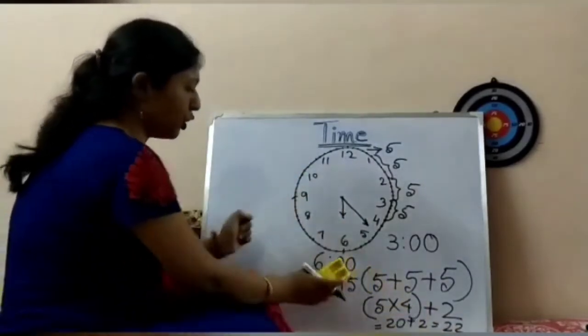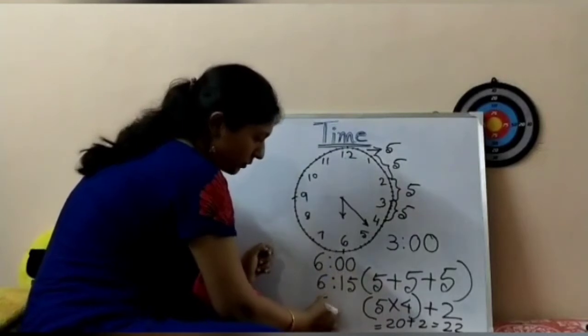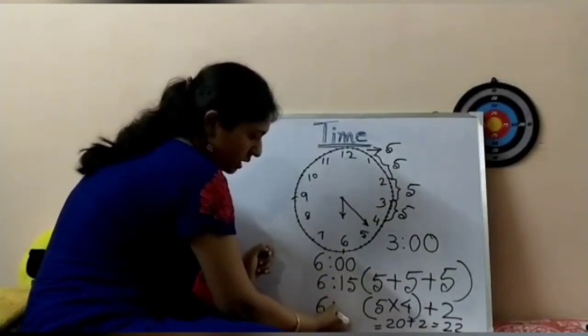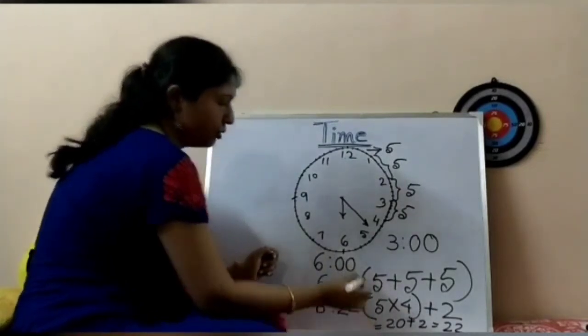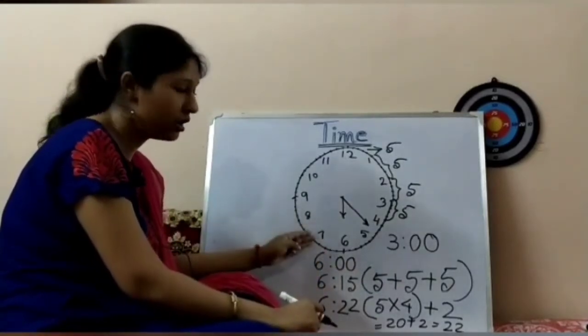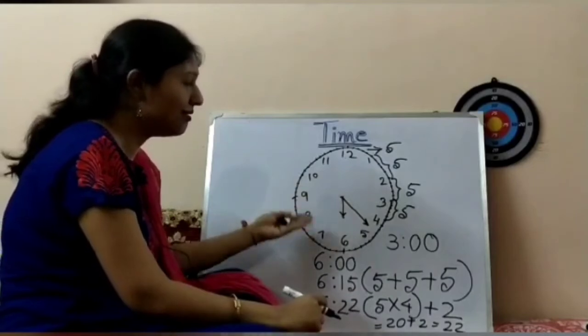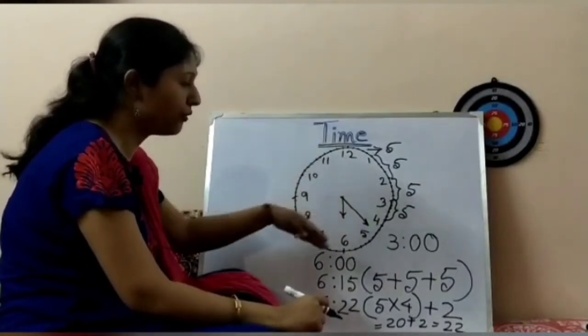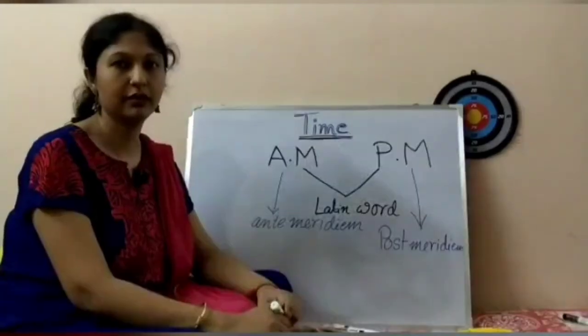So it will show 6:22. This way we can draw or we can learn any kind of time.